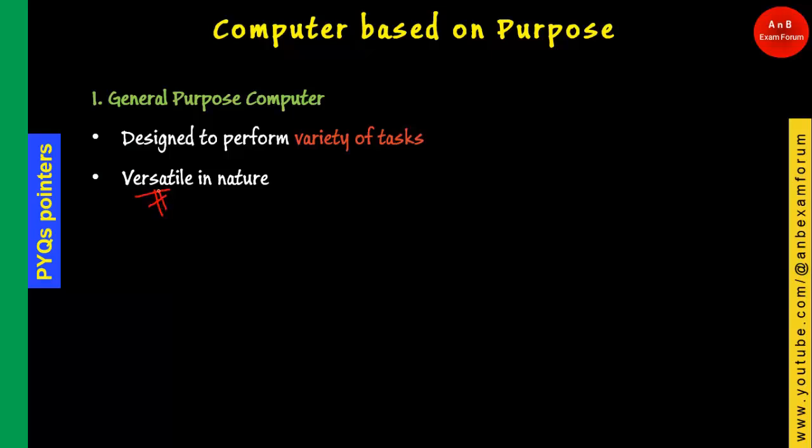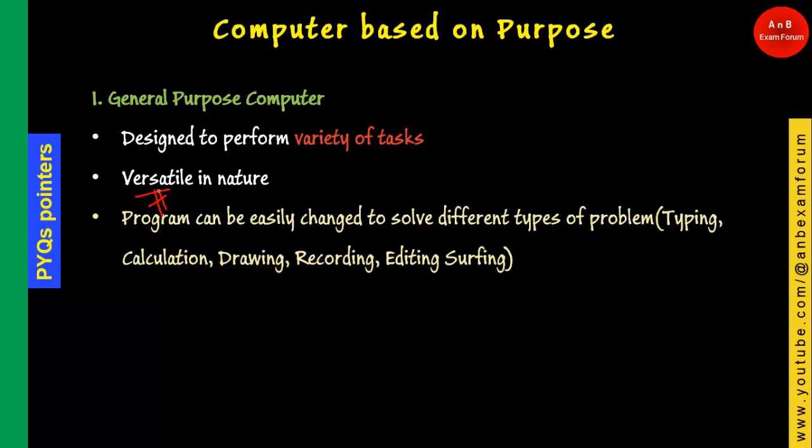A general purpose computer can be your laptop, or your smartphone or mobile. Why is it a general purpose computer? Because it can do a lot of things. You can draw, record on the phone, take photographs, do editing, do surfing. So basically the nature is versatile.